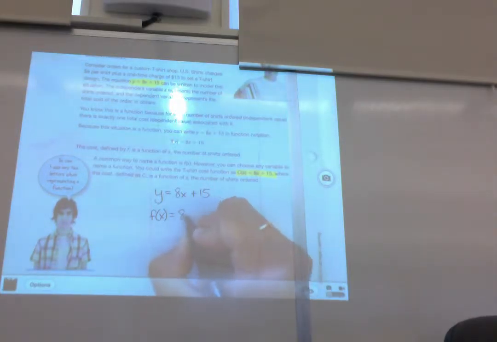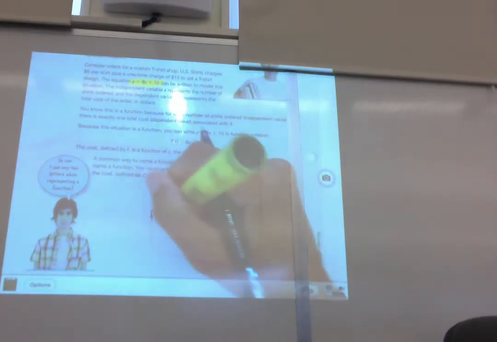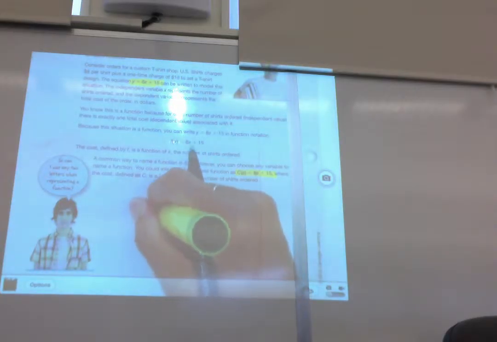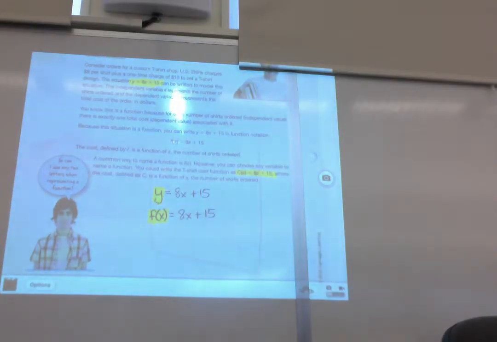Now we still have the whole other side of the equation exactly the same. The thing that's been swapped out is the y. If we were graphing it, we would graph it on the y-axis, but this f of x is used to say, wait a minute, this is a special kind of graph. It's a function. It's also used to highlight a little bit who's the independent and dependent variable. Right here they're telling us x is the number of shirts.